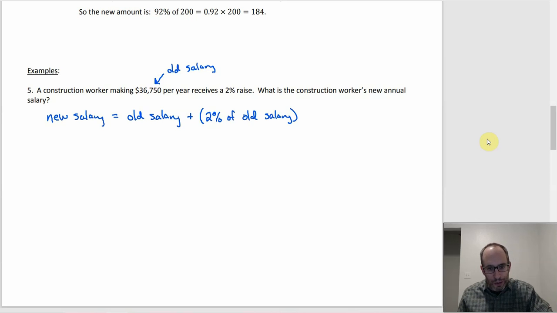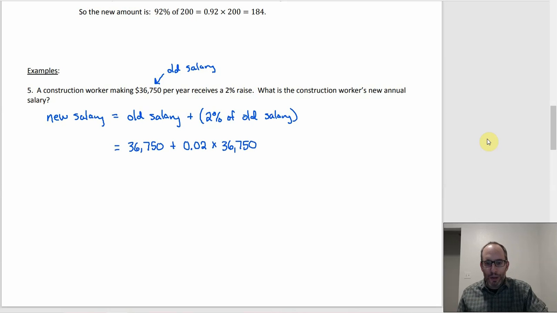All right. So then we know what the old salary is. It's $36,750. So I can put that in there. And then plus, and here I'm going to convert the 2% to a decimal. So I'm going to say 0.02 times old salary, which is 36,750.